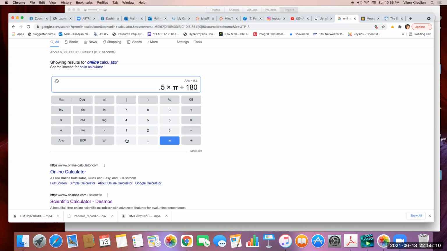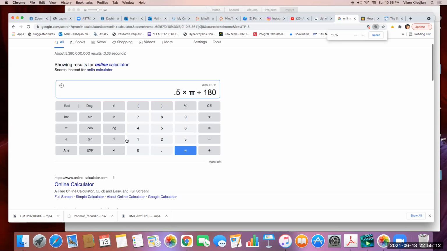Let's see. Leave pi as pi, so that it's actually more than 3.14. It's slightly larger. So then that gives you 0.0087.